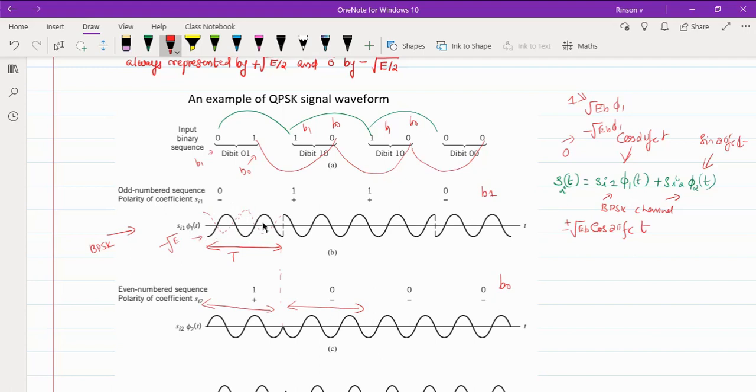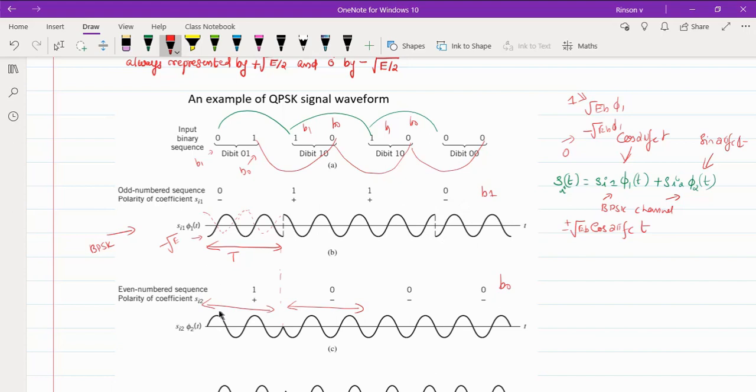So in this time duration you have 0, so you will be sending a negative cosine. And in this time duration you have 1, then you will be sending a cosine. You send a cosine here. Again in this duration you have 1, you will be sending again a cosine. Here you have 0, then negative cosine.